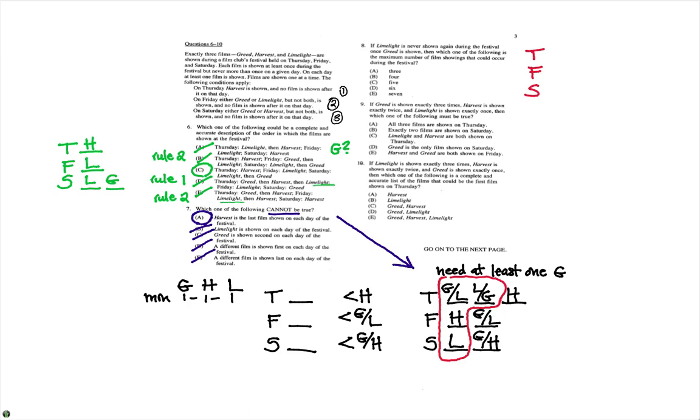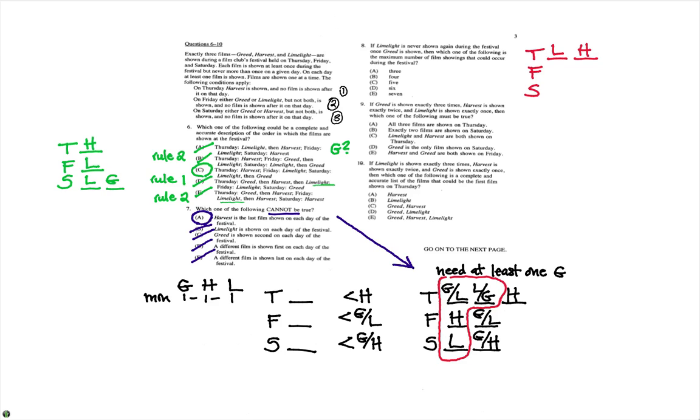So turning my attention to Thursday, well, we know we could have greed or limelight or both there before harvest. But again, we don't want to have greed because if we have greed, then we can't use limelight anymore, and we are trying to maximize. So we're going to put limelight first on Thursday, followed by harvest.